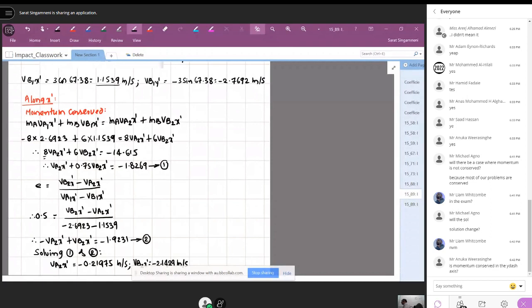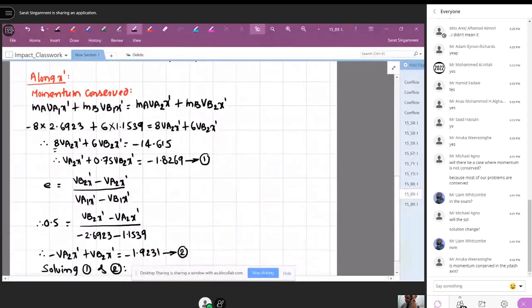Now we need to get the y components of the two velocities after collision, which are VA2 y dash and VB2 y dash. So the argument here is, let me put a separation here. Take some extra space. Draw along y dash.